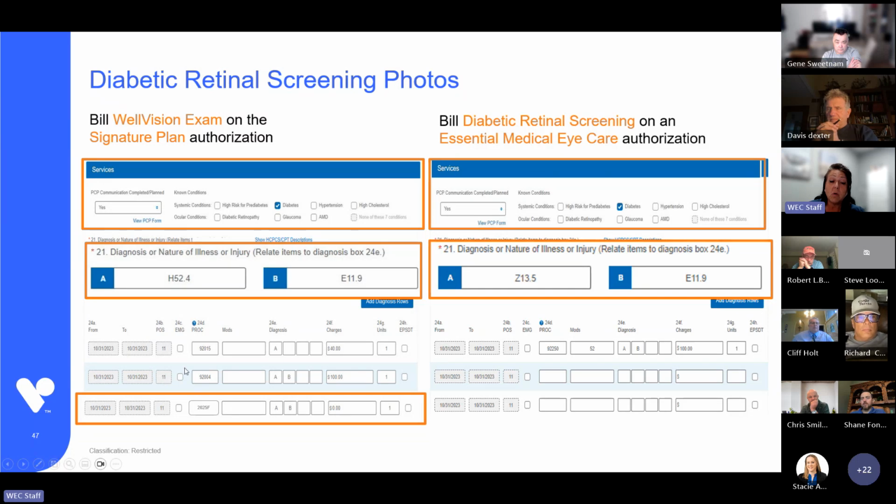So your 92004, 92015 with just a refractive diagnosis code under your signature plan authorization. When you open and start your claim, you're going to put in that signature plan authorization and click go. But then you're only billing your exam code. It's going to accept that because your exam codes, your 92004, 92015, are recognized by that signature plan authorization number. So this will go through.